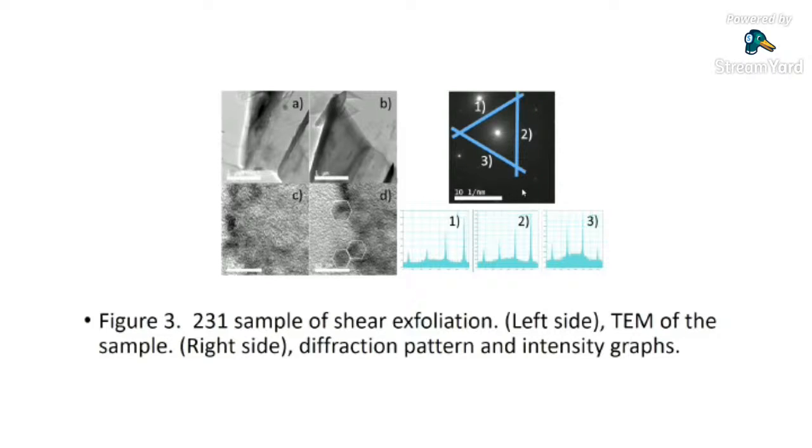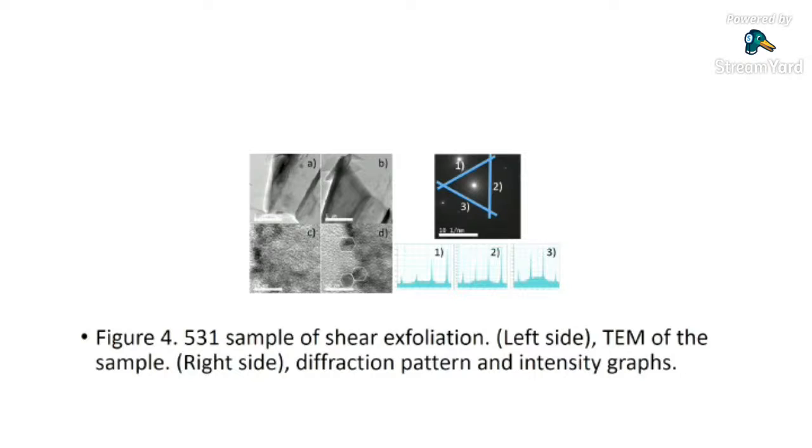On the right side there is the diffraction pattern, and in 1 to 3 below this diffraction pattern, it shows that if the inside peaks are higher than the outside peaks, it is also a footprint of graphene for these samples. This behavior is shown in figure 3 and in figure 4 for the 5G1 sample.